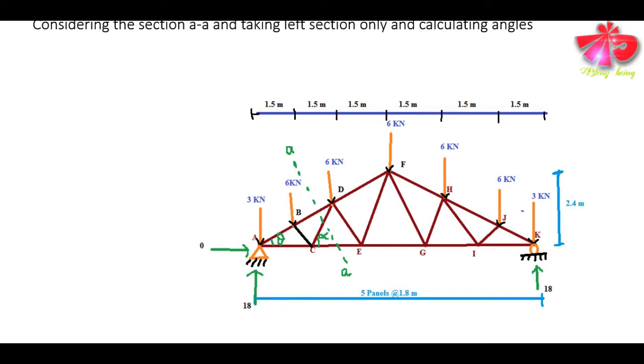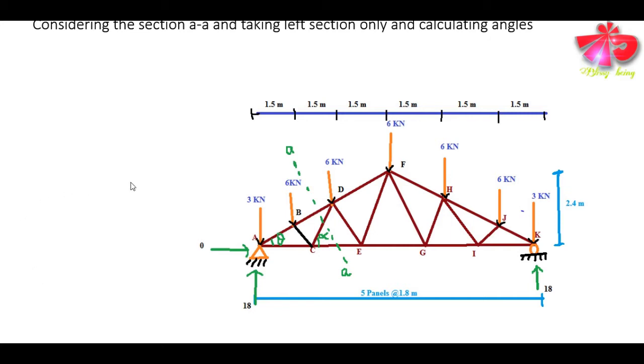So we must have at most 3 cut members that are unknown. This is the general thing that we need to know before cutting the section.